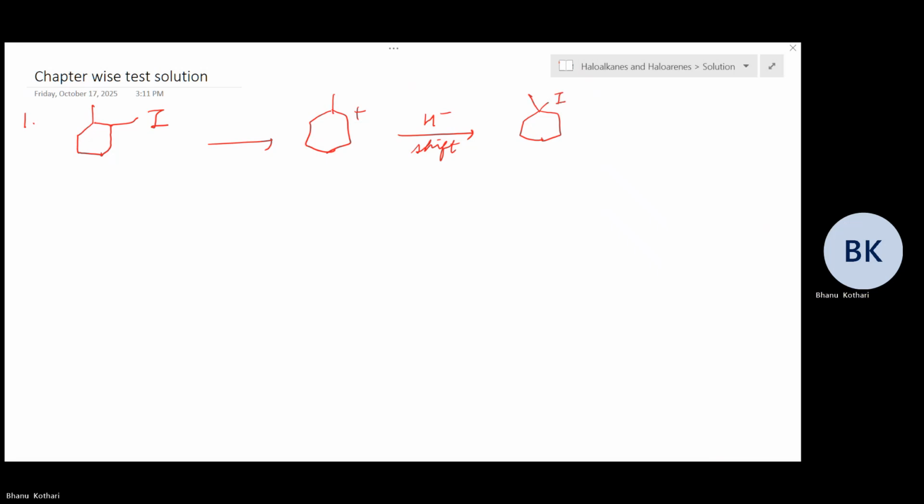And this carbocation will form. And further, I minus will come and attach on this, and we'll get, okay. So water will attack because it's getting substituted.